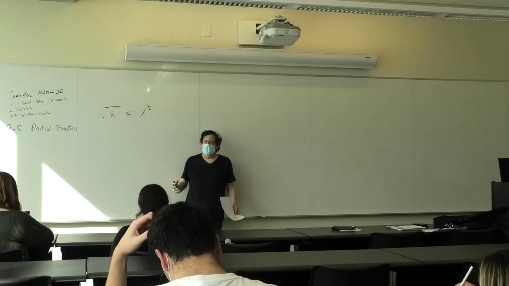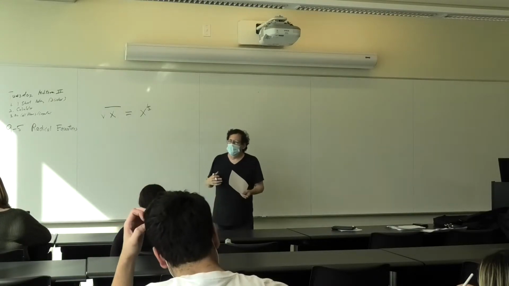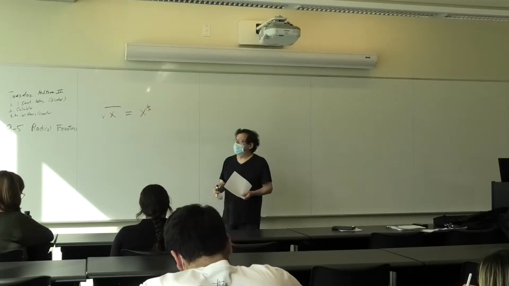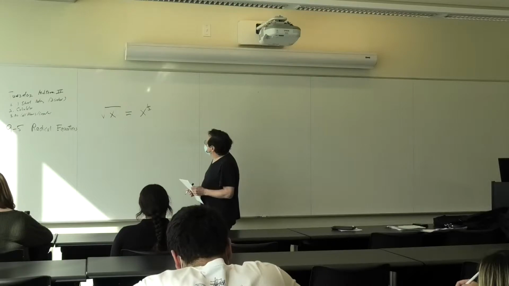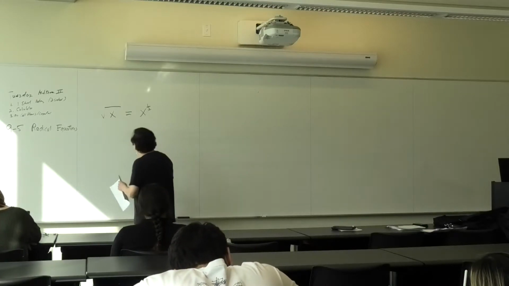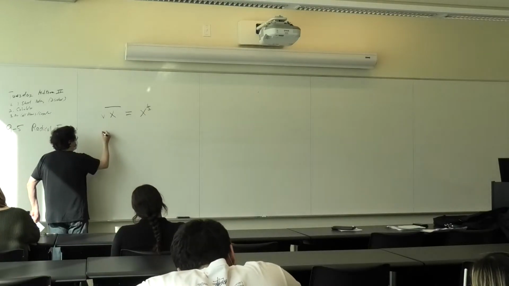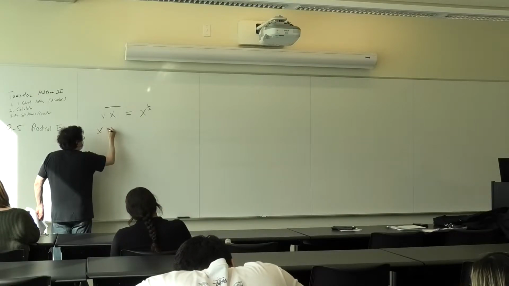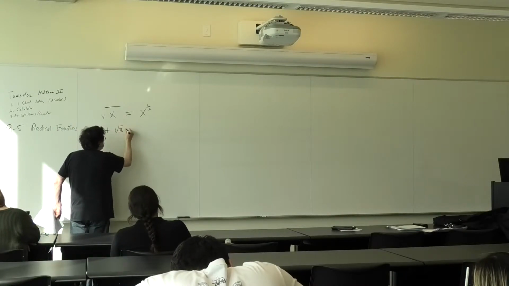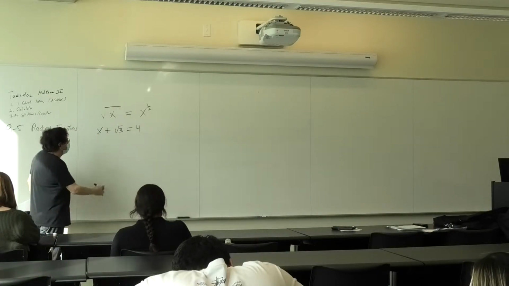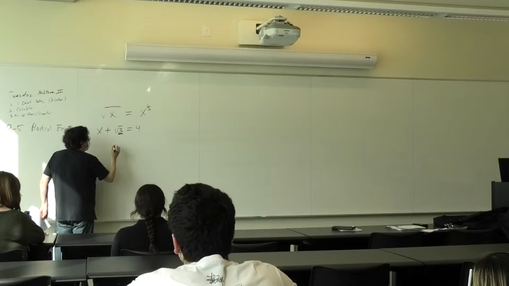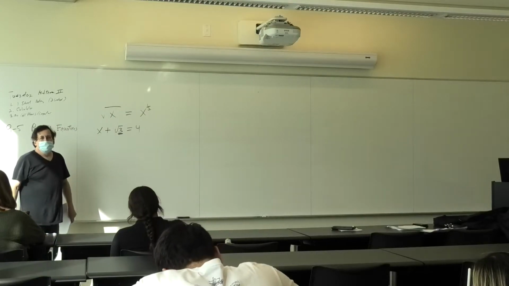I guess in algebra we learn how to solve a lot of different kinds of equations. And I should make clear that we're not talking about something like x plus the square root of 3 equals 4. Here there's a radical, but it's just a number.